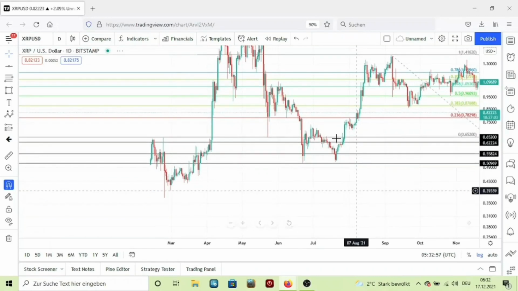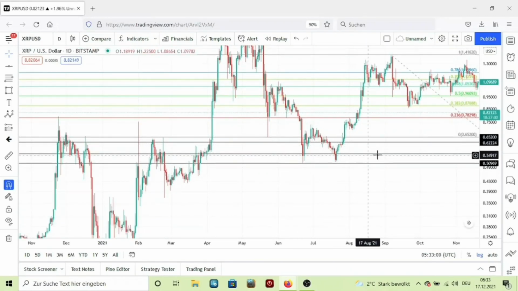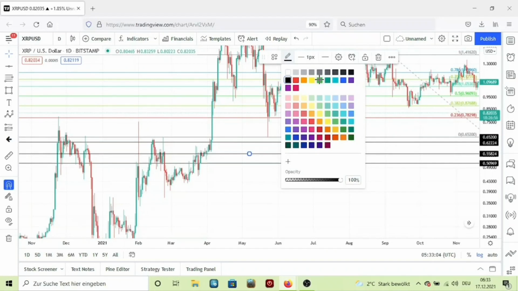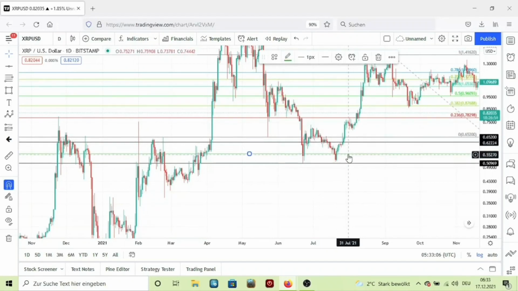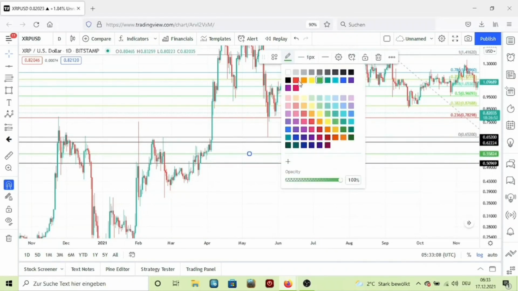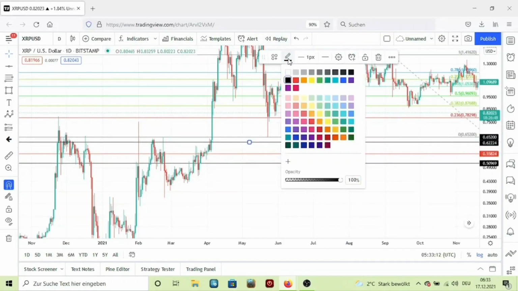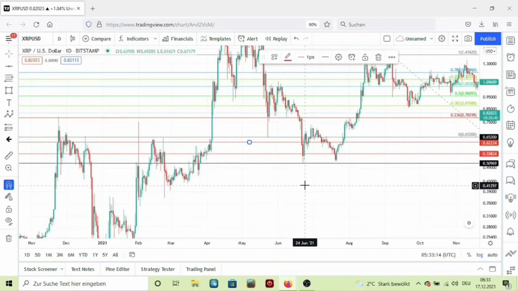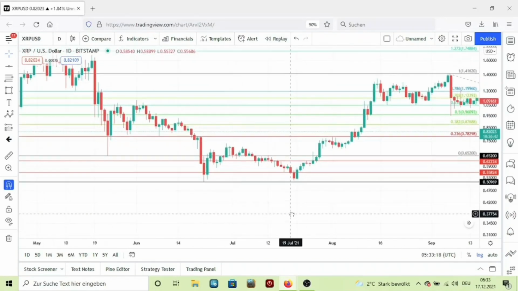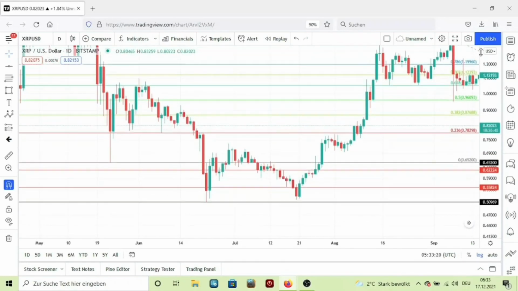If we check the structure over here, let's make it another color. Let's make those green. Okay, let's make them red. Red and red. One second, we will zoom in here and check it.